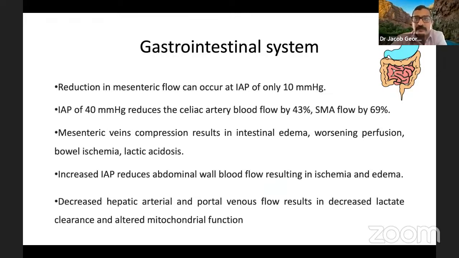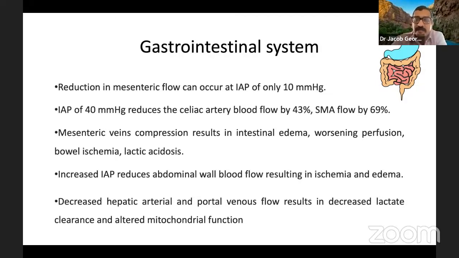Similarly to other systems, your gastrointestinal system is also extremely affected. It causes a reduction in mesenteric flow, even when the pressure is just 10 millimeters of mercury. An IAP of 40 millimeters causes a reduction in celiac artery blood flow, while the flow in the SMA gets reduced when your IAP increases to almost 40 millimeters of mercury. This causes intestinal hypoperfusion, which results in bowel ischemia, lactic acidosis, intestinal edema, and the vicious cycle goes on.